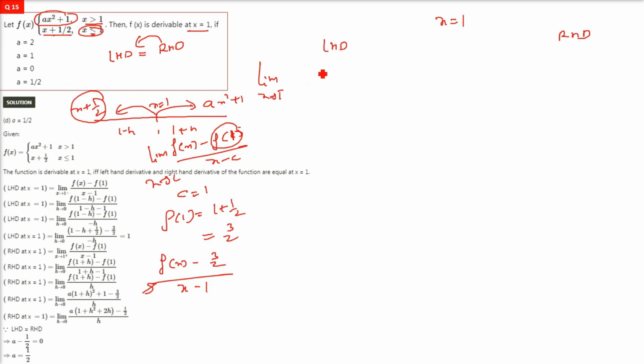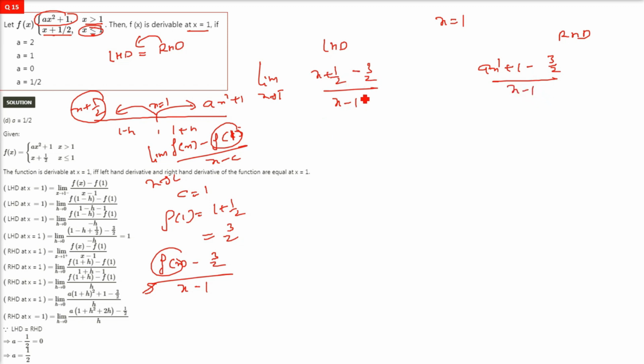This 1 minus represents you are going to the left of 1, a small bit which has to be deducted. So (x plus 1) by 2, 3 by 2 is already there, and the denominator is x minus 1. I am also writing the right hand derivative, but I'll take it in a short while. So ax square plus 1 is the function we are going to employ, and x minus 1 in the denominator.